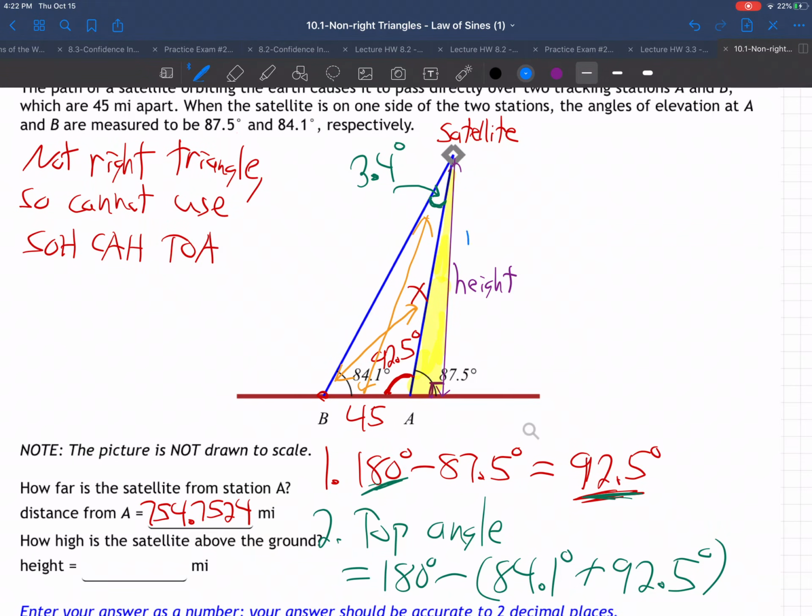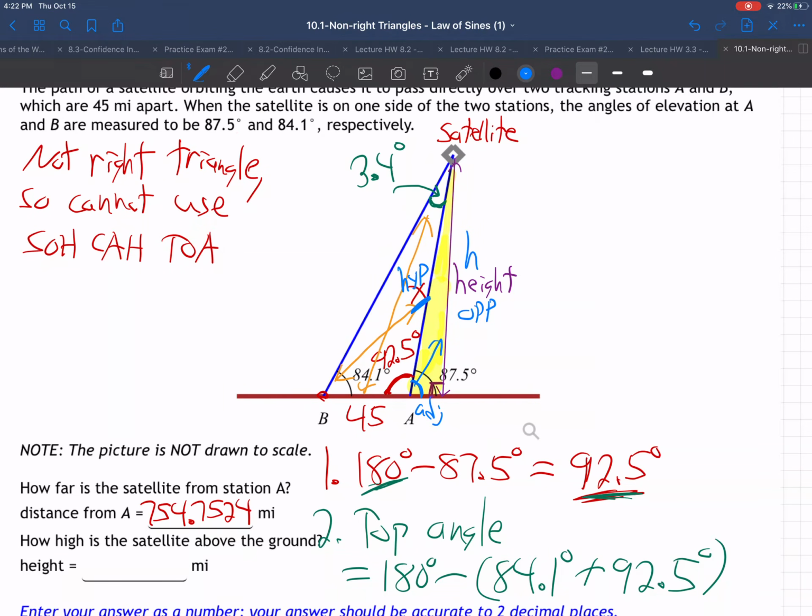The height. Call this h, and then I have this angle here, 87.5. So this side here is the opposite, this is the adjacent, and this side here is the hypotenuse. This x, which I just found, is the hypotenuse of that little highlighted right triangle. It's got a right angle.